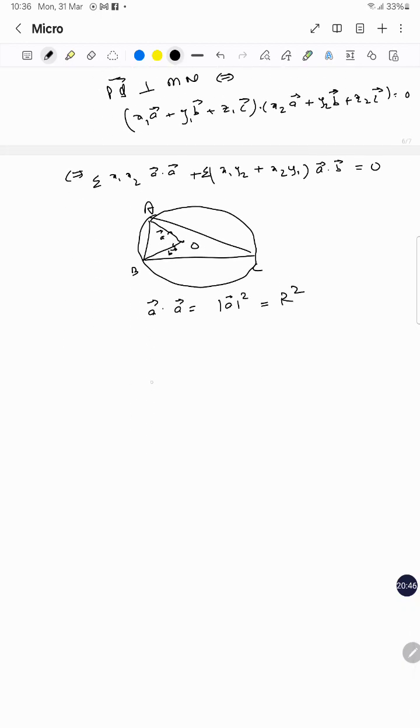And if this is angle A, then this is also angle A, and this is also angle A. So angle BOC is twice angle A, because the angle subtended at the center is twice the angle subtended on the circle.